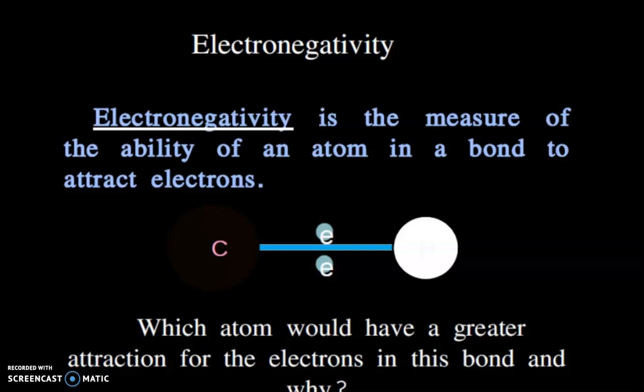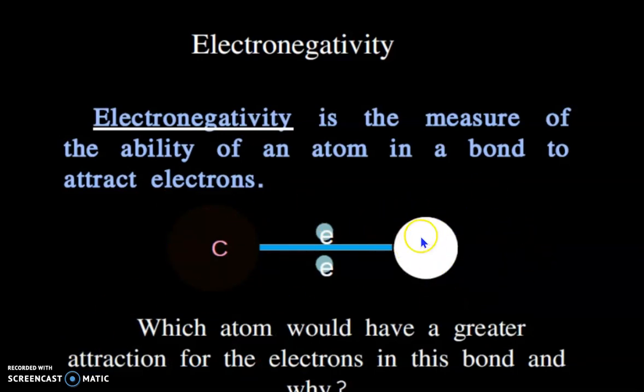So electronegativity of a bonded atom can be defined as its relative tendency or ability to attract shared paired electrons towards itself. Just consider these two bonded atoms.